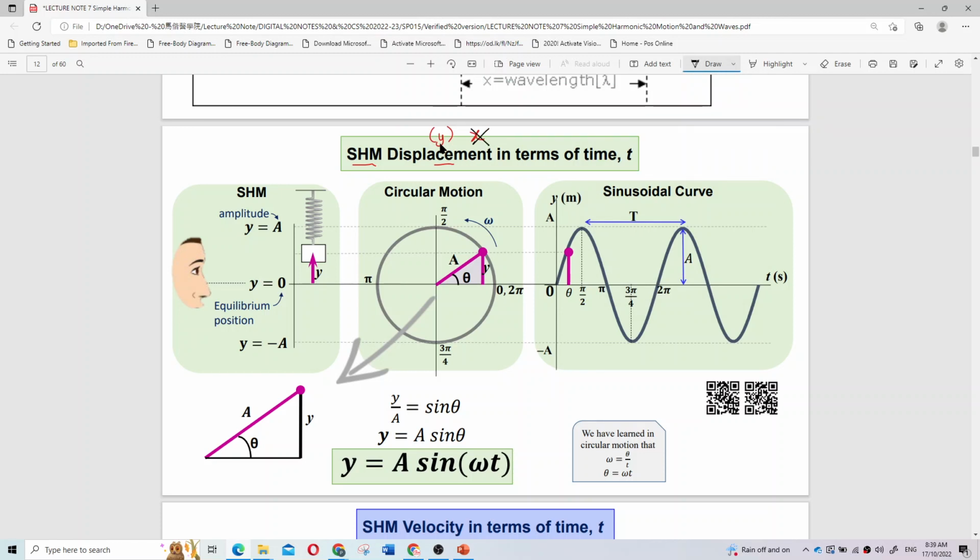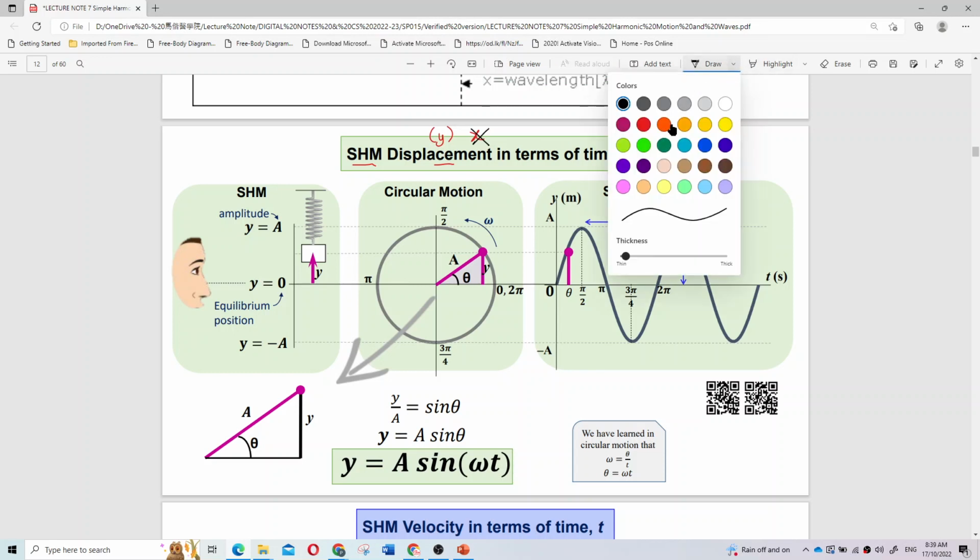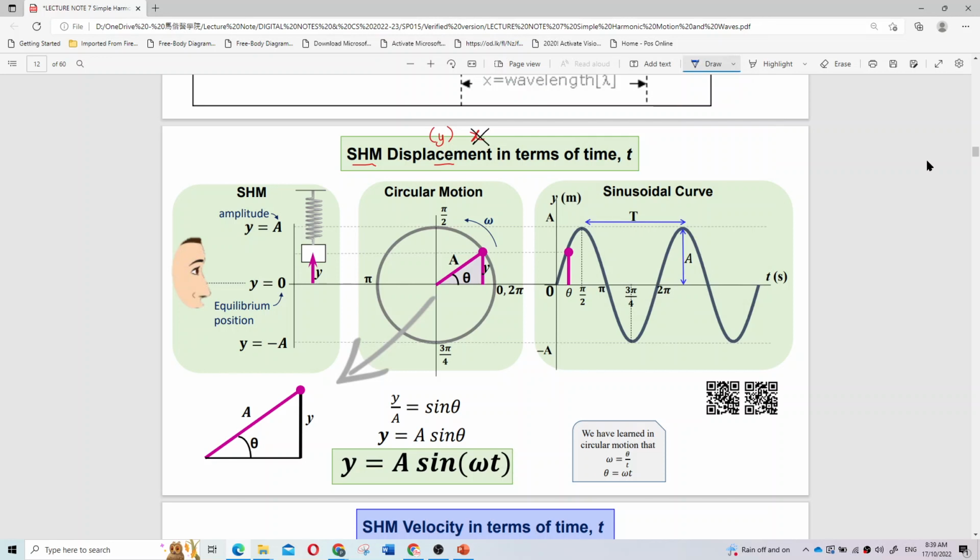We use y because it is the y component. That's the reason. We want to get the SHM displacement equation in terms of time. So what is our focus here? Our focus here is to find displacement against time.